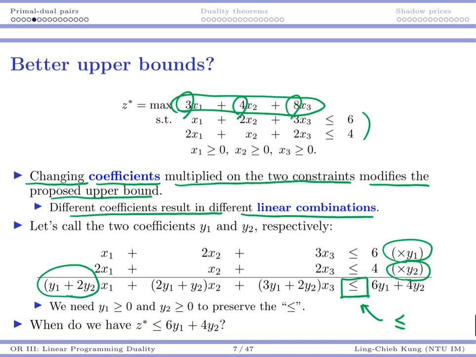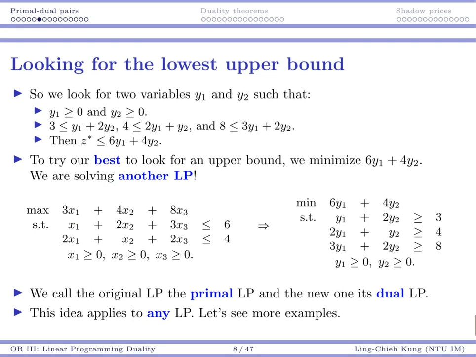Somehow we need to compare them with these coefficients, right? So we need to make sure that 3 is less than or equal to the first coefficient for x1 at the left-hand side of that inequality. 4 needs to be upper bounded by 2y1 plus y2. 8 must be upper bounded by this.